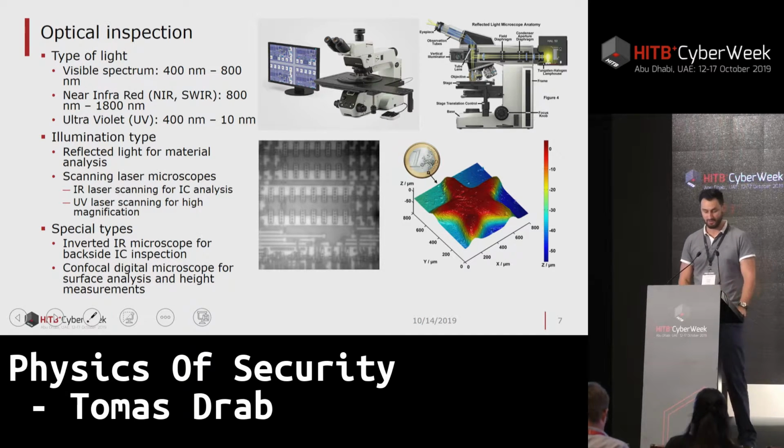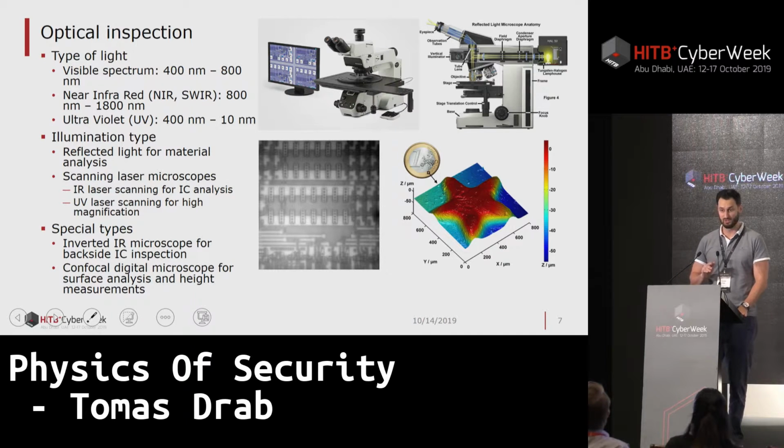The nice thing about infrared is that we can see through the silicon, because silicon is transparent for infrared light around 1000 nanometers. And we can take a look through it. And also we can use ultraviolet light, mostly for high resolution imaging, using, for example, a confocal microscope with a UV laser scanning the surface. We can create a 3D reconstruction of the surface, for example.